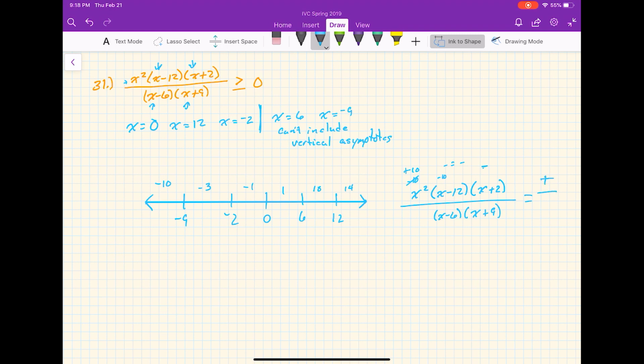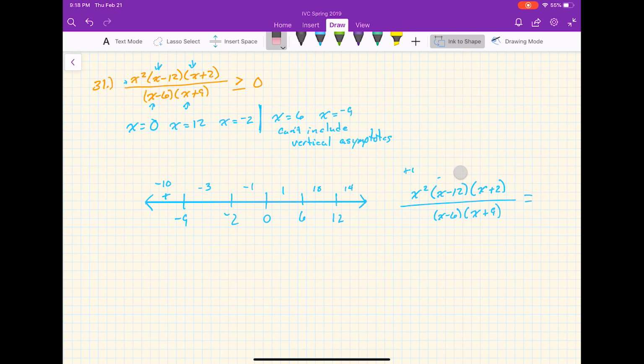Negative times a negative is going to be a positive. So for the top half, if I put in negative 10, I'm going to get a positive. The bottom half, however, I will work that out. Negative 10, that's obviously minus x is going to be a negative. Negative 10 in here, that's still going to be negative. We get a positive. Positive over positive means this section will be positive.